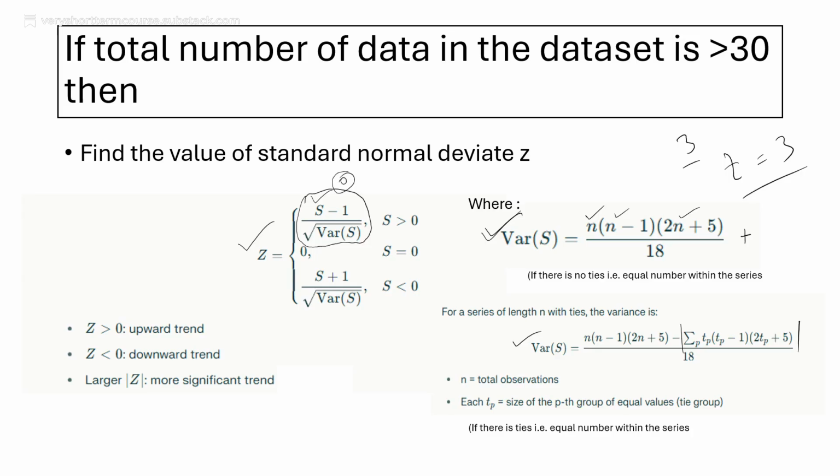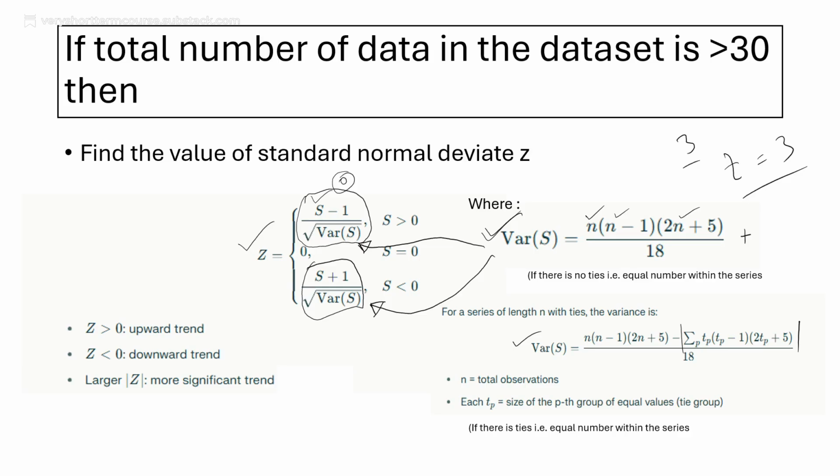S minus 1 divided by the square root of the variance. The variance you will get from here. And if S is less than 0, then you will apply this formula: S plus 1 by the square root of the variance. The variance you will get from here, the same variance. The only difference is if S is greater than 0, use a minus.